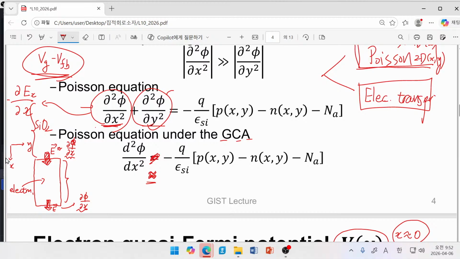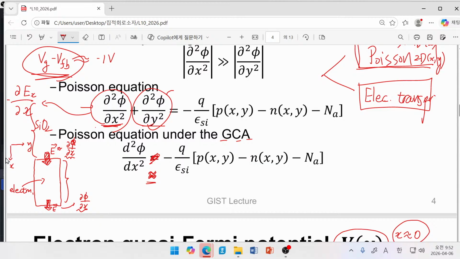And please note that the flat band voltage is about -1 volt, and our gate voltage varies from 0 to something. So it means that along this vertical direction, we apply just 1 point something volt across our MOS capacitor, and almost all of that potential difference is divided by what?